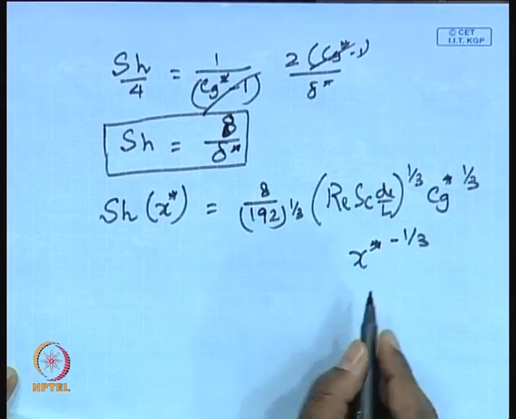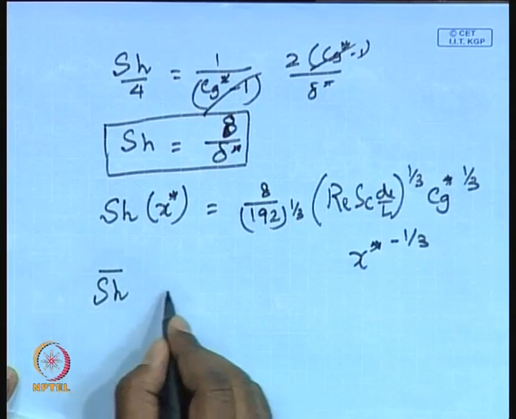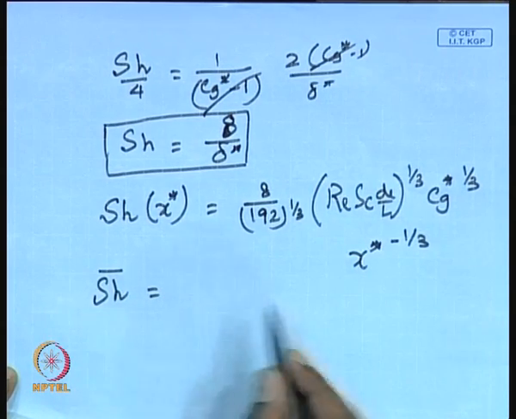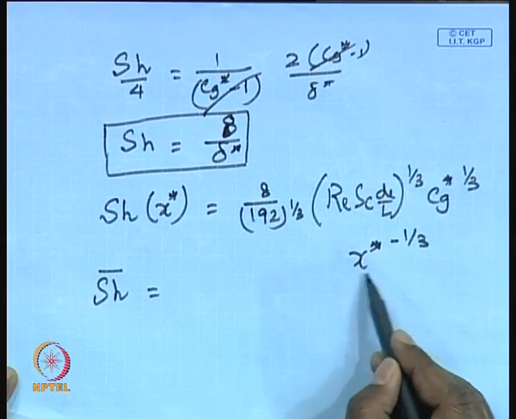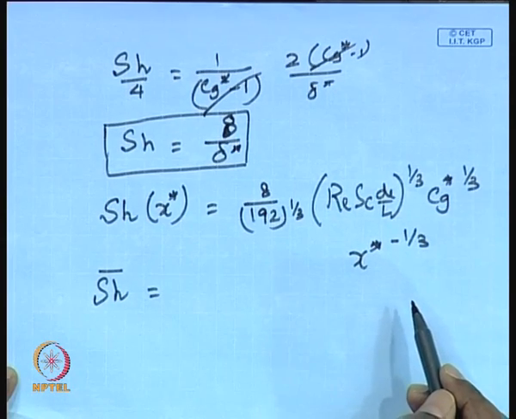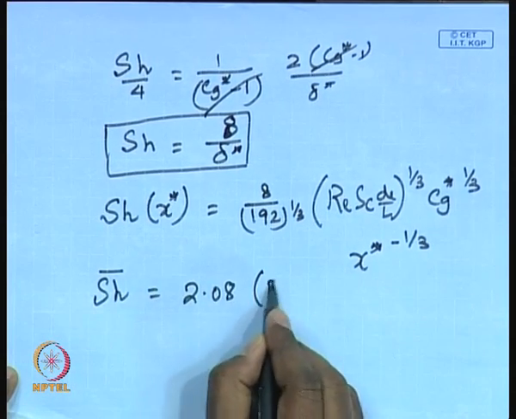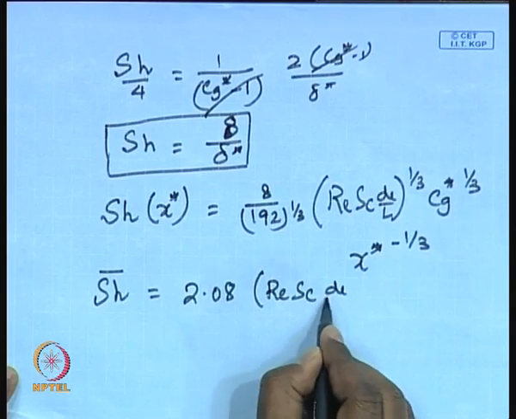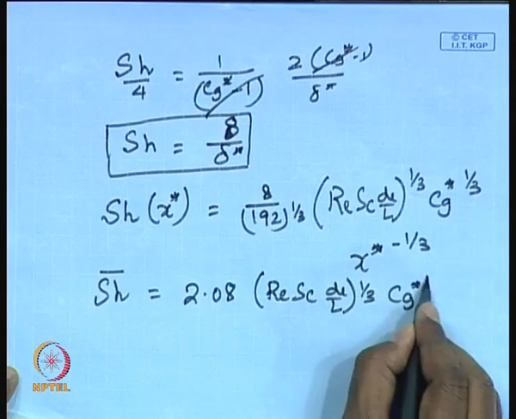Okay. Now, you can do a length averaging. You can integrate this equation over the whole length from 0 to 1, and this returns a value of 1.5. So, you will get 2.08 times Reynolds Schmidt d by L raised to the power 1 upon 3 times Cg star to the power 1 upon 3.